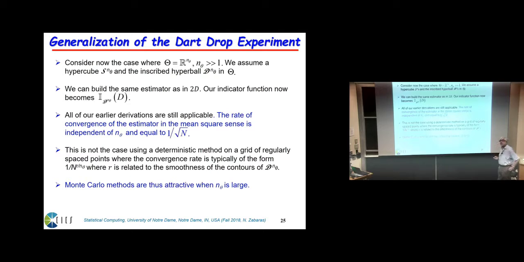Okay? That R has to do with the smoothness of the contours defining this sphere here, because you're going to have to discretize it. But the bottom line is the convergence is 1 over n to a constant divided by the number of dimensions in your problem.